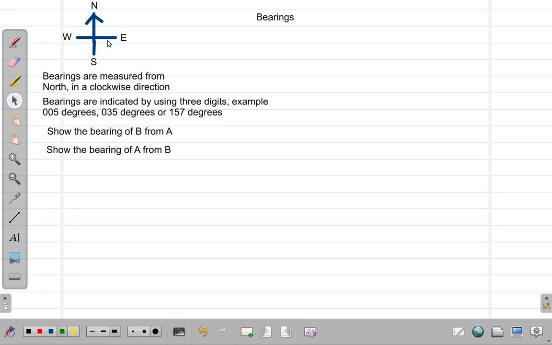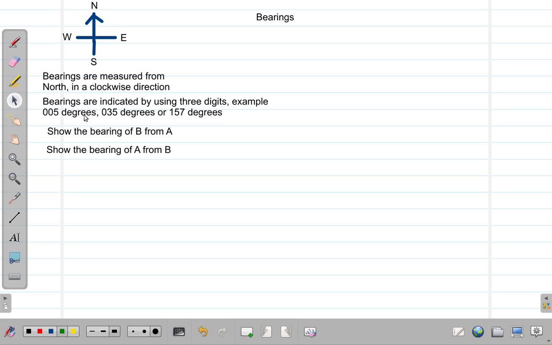Now you indicate bearings using 3 digits at all times. So if you have 5 degrees, you write 005. My text editor here doesn't have a facility to show the superscript 0 as degrees, so I just write out the word degrees.